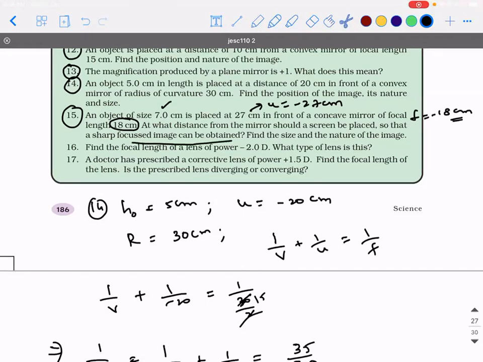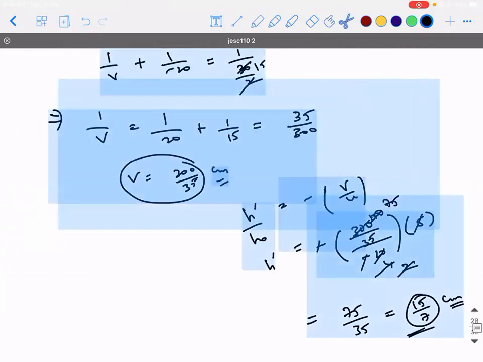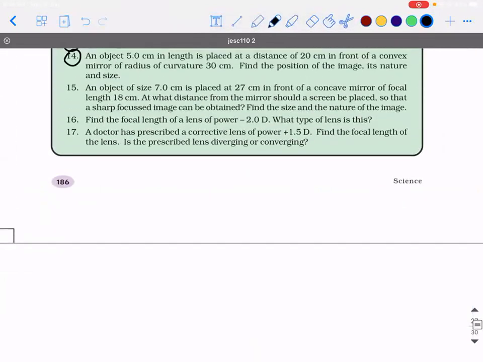Find the size and nature of the image. So height of object is 7 centimeter. U is minus 27 centimeter. F is minus 18 centimeter.